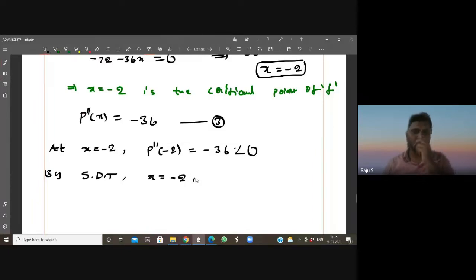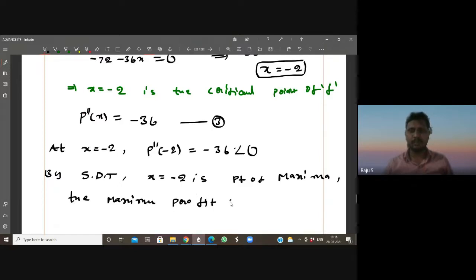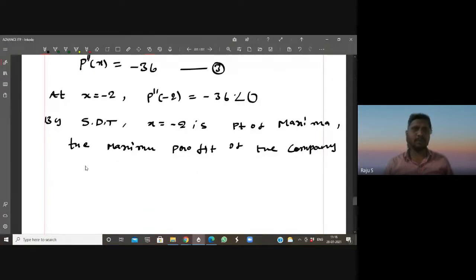is the point of maximum, and the maximum profit of the company is given by, what is the maximum profit of the company?